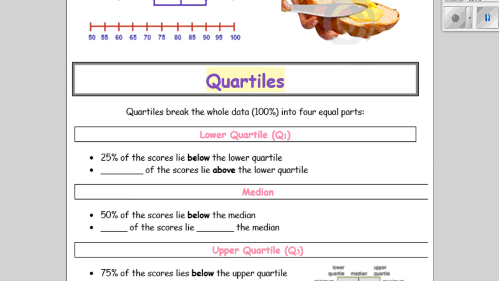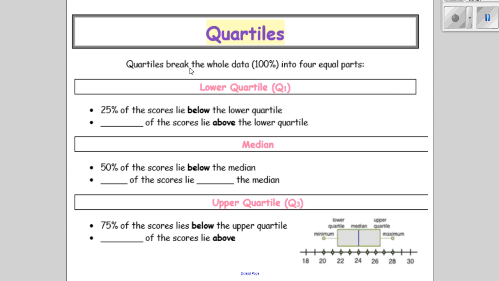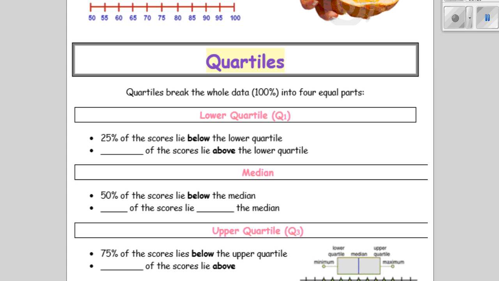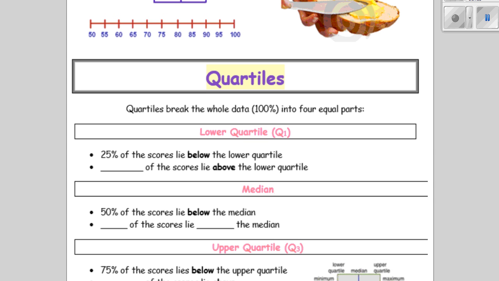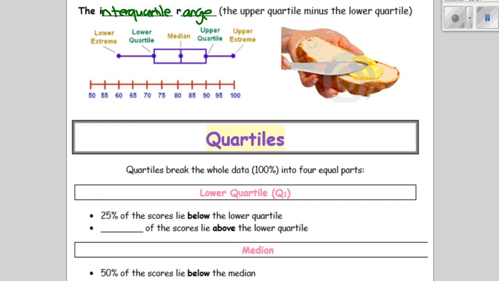What are quartiles again, in case you forgot? Quartiles break the whole data into equal parts. The word quartile, what does that make you think of in maths? Quarters, yeah, exactly, good. So these split the data up into quarters. If this was a test, the top 25% of students got between 90 and 100.